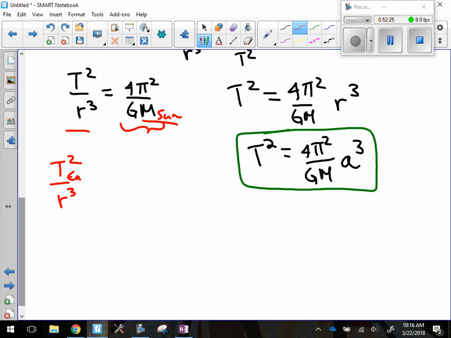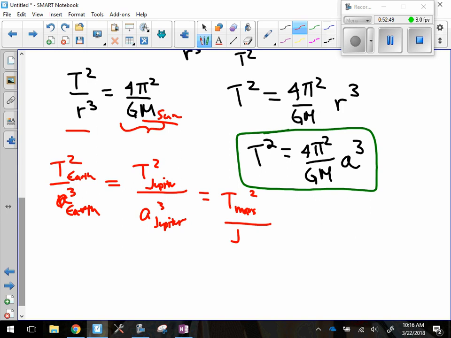So I can say that T Earth squared divided by A Earth cubed is going to be equal to T Jupiter squared divided by A Jupiter cubed is going to be equal to T Mars squared over A Mars cubed. Etc., etc., for any asteroid, comet, meteoroid, planet that orbits the sun.